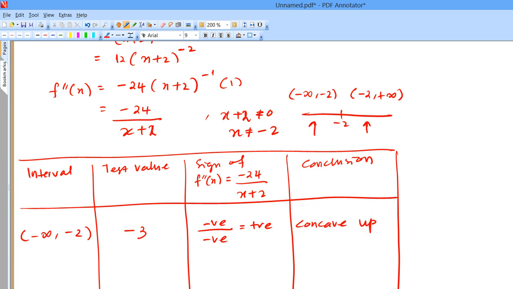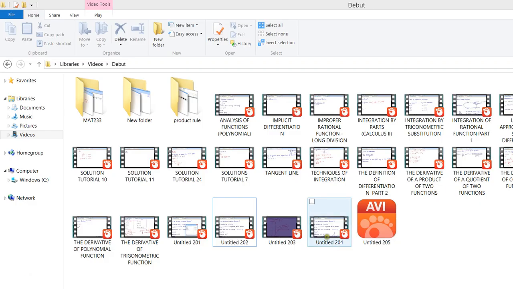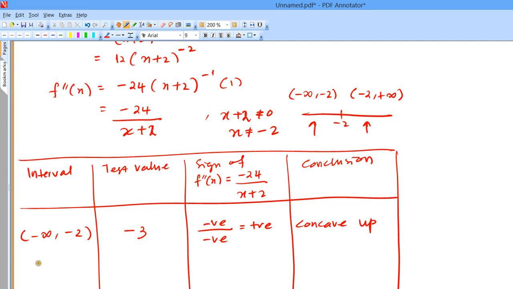Okay, next interval, negative 2 to positive infinity. For the test value, we can choose x equal to 0, and then substitute, we have negative over positive equal to negative sign, meaning concave down.